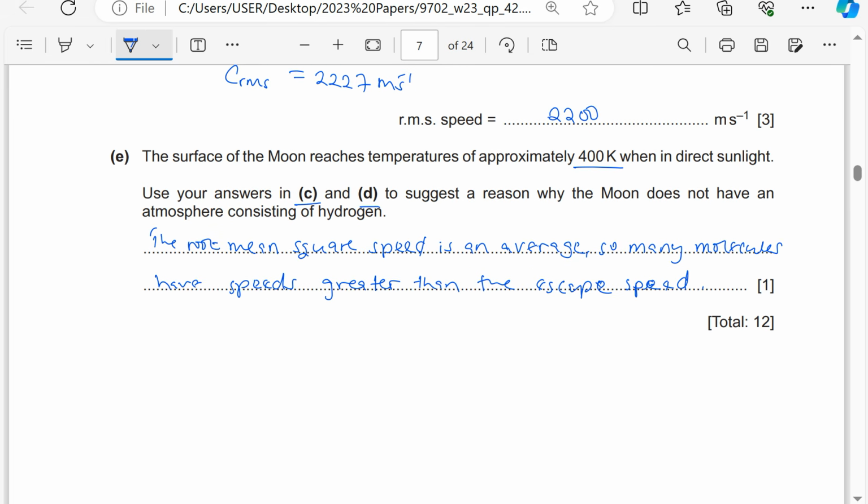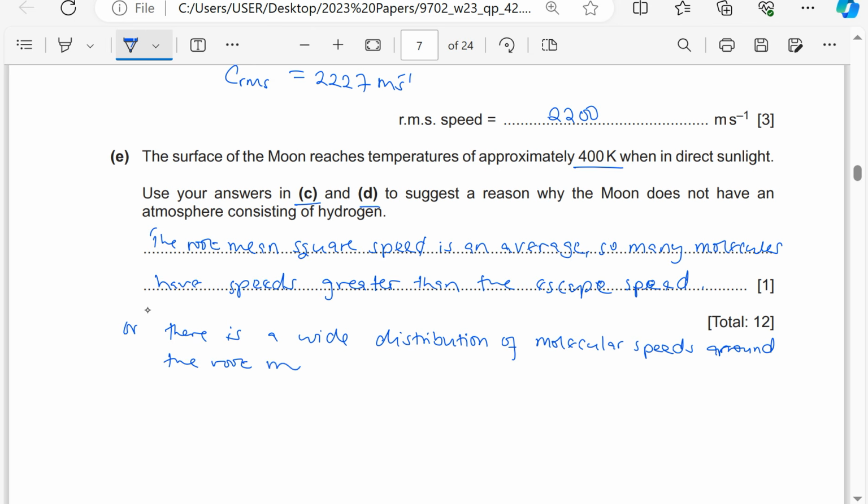Alternatively, I would have said there is a wide distribution of molecular speeds around the root mean square value.